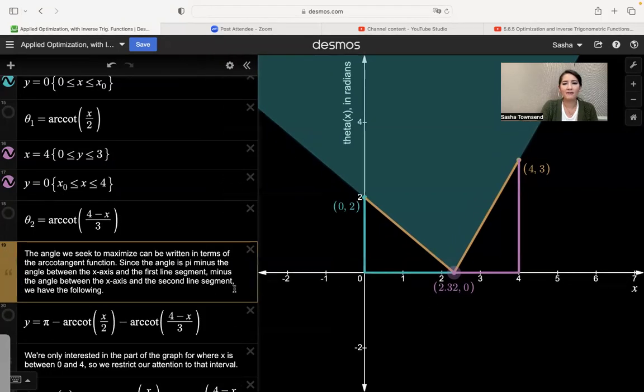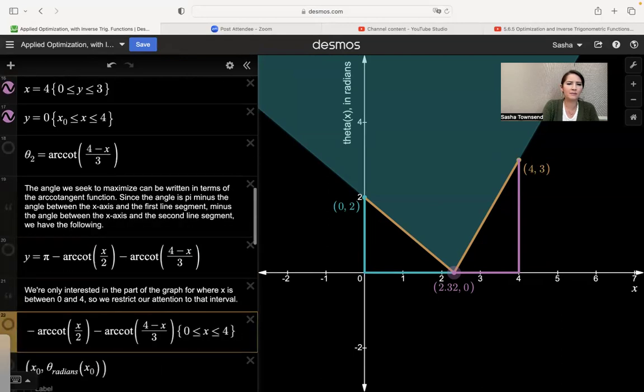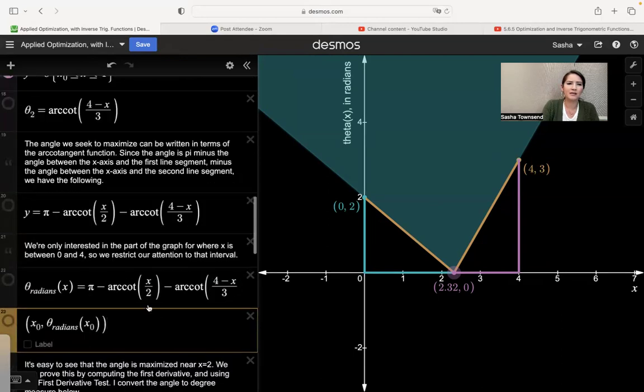So our y value, or the angle that we're looking for, is pi, or 180 degrees, minus theta sub 1 minus theta sub 2, where theta sub 1 is arc cotangent of x divided by 2, and theta sub 2 is arc cotangent of 4 minus x divided by 3. And then we graph that, but only on the interval from 0 to 4, because we know that angle is going to be maximized between 0 and 4.